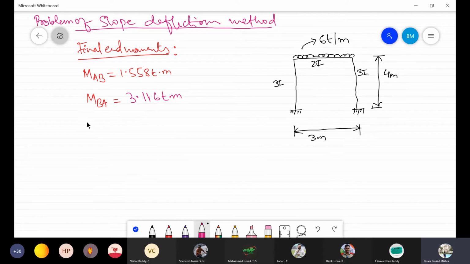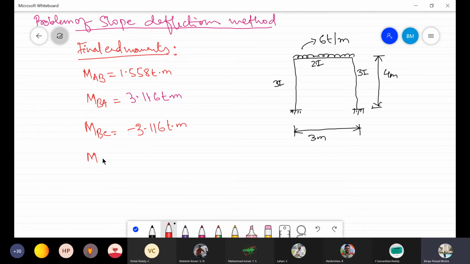Then MBC equals to, MBC is coming minus 3.6 ton meters.